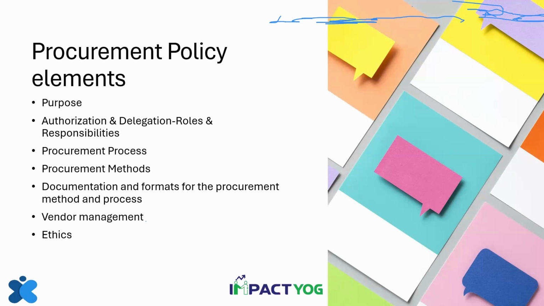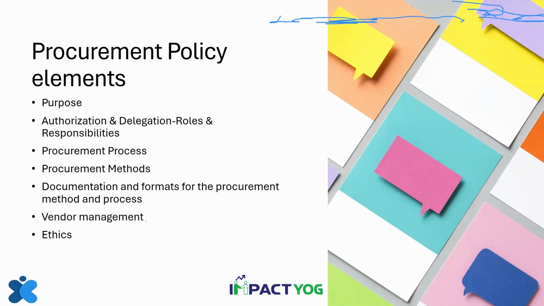Doing something right is what is ethical, and therefore the procurement policy will also tell us what the principles of ethical conduct are as far as procurement is concerned. Very important. So these are some of the areas or the elements of a procurement policy.